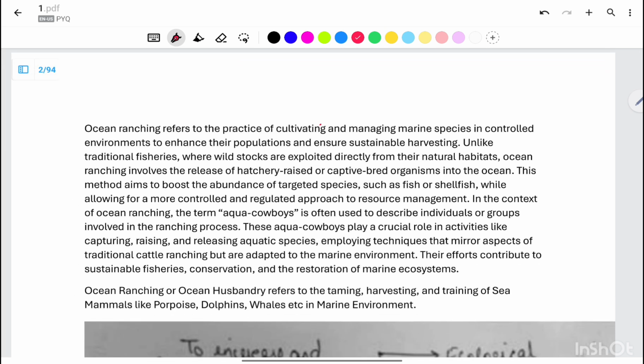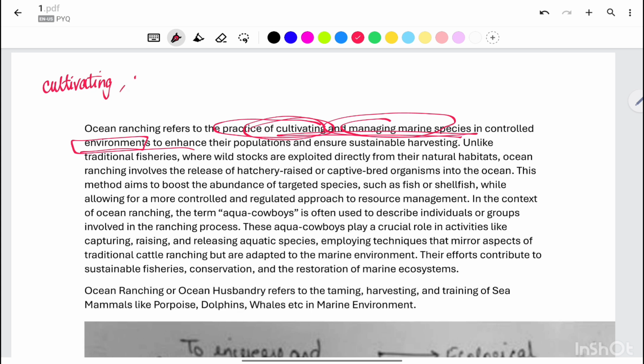Ocean ranching is the practice of cultivating and at the same time managing marine species in a controlled environment. You are not just cultivating, you are taking care of it. Therefore, you are also managing the species. Managing the species in the sense you are enhancing its population, right?